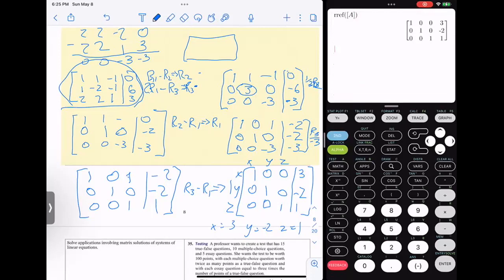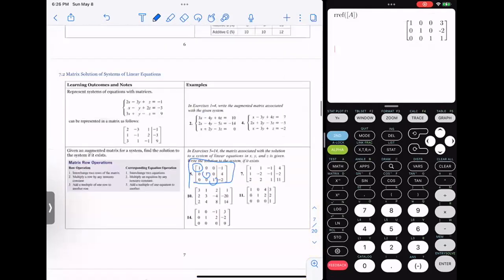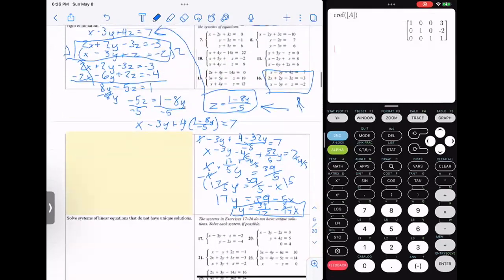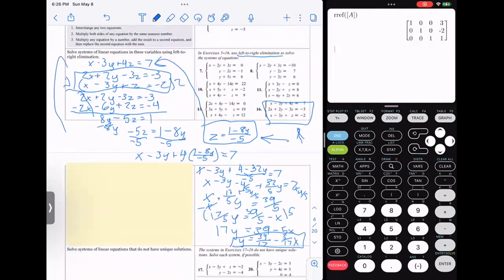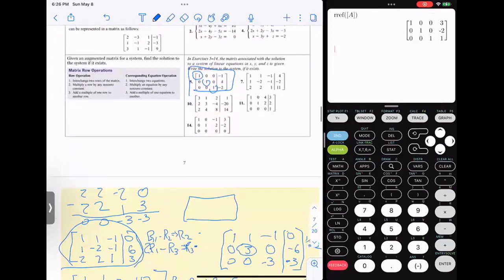As you can see, our answers here, 3, -2, 1, which is what we had. So we know we did it right. And we can apply that same method back up to this one up here. We can scratch out all that work right here and apply the same method we just did.